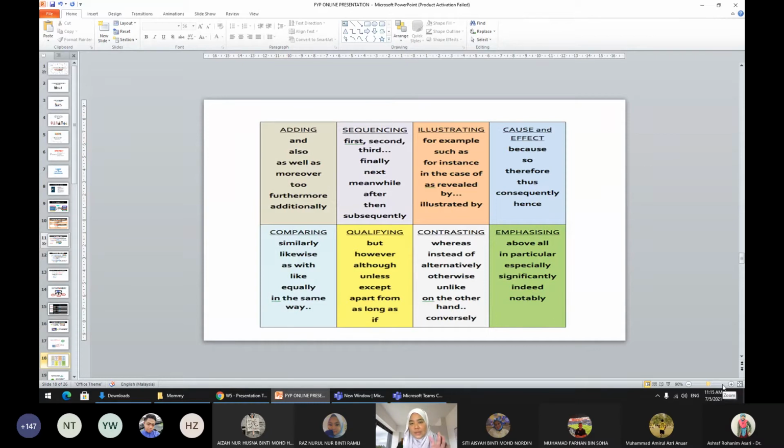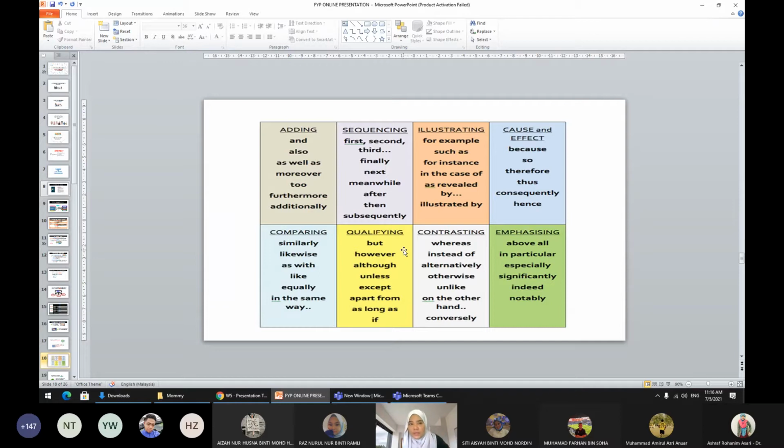That is what we call signposting and discourse markers, to show that this student has explained the first data, the first finding, and then moving on to the second finding, moving on to my second point.